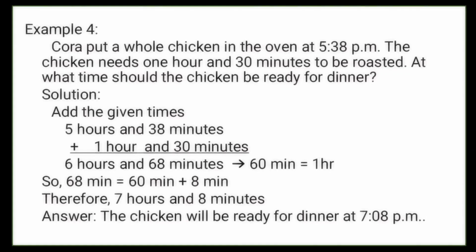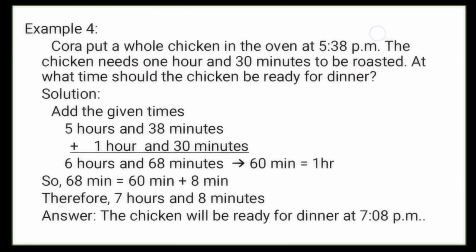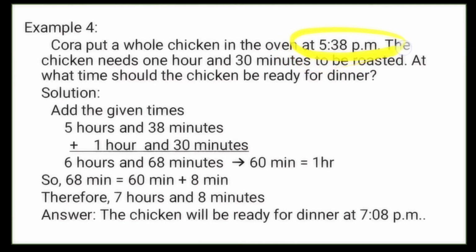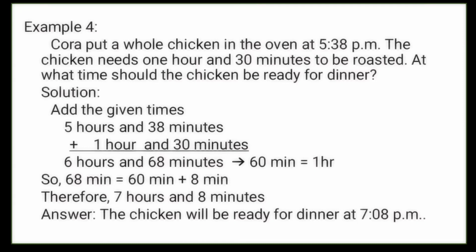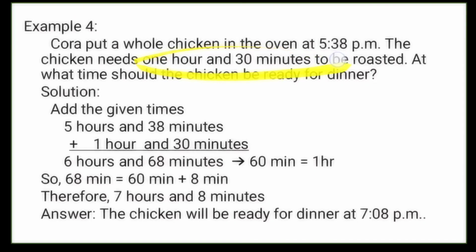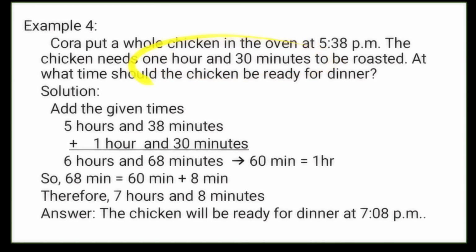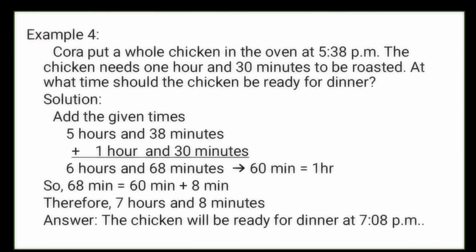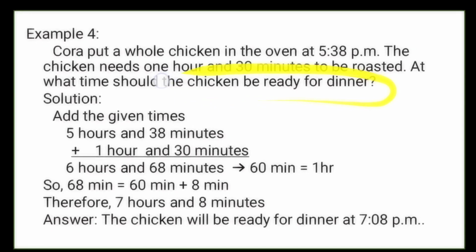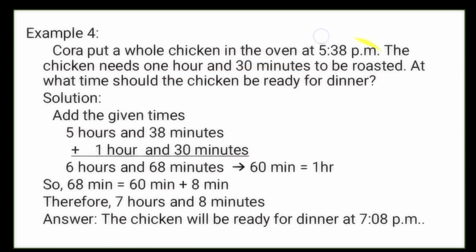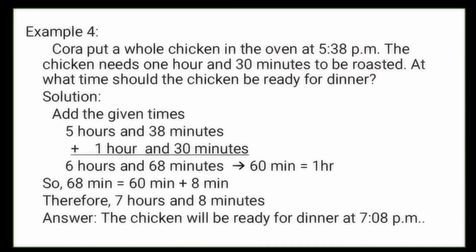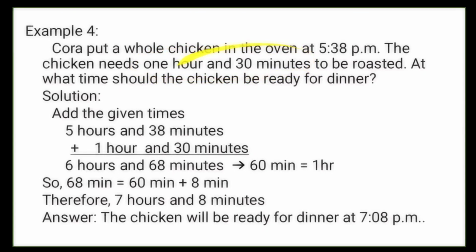So the given here is the starting time, which is 5:38 p.m., and the elapsed time, which is 1 hour and 30 minutes. So for us to identify the end time wherein the chicken is ready for dinner, we have to add 5:38 p.m. to 1 hour and 30 minutes.